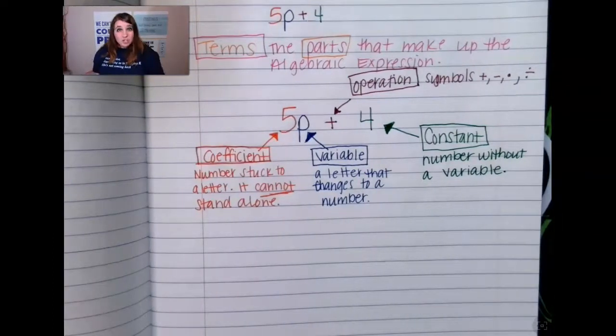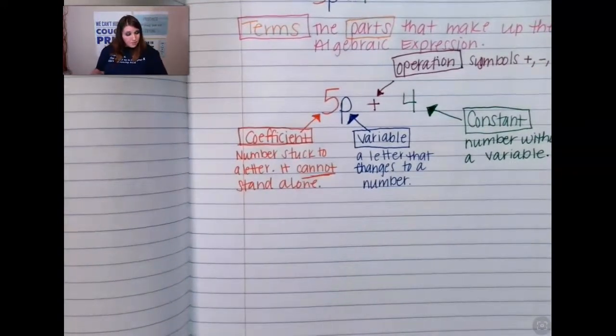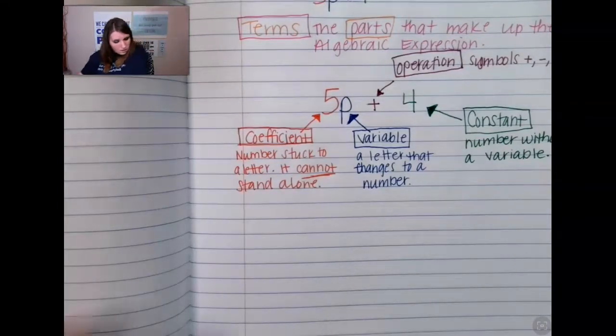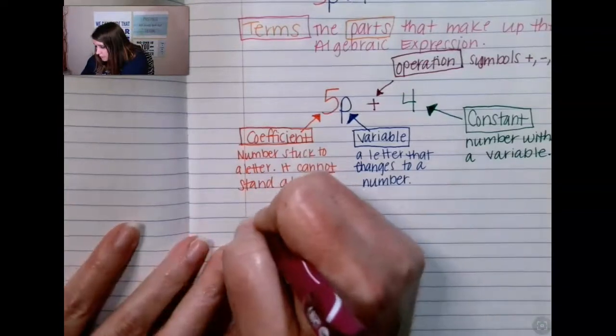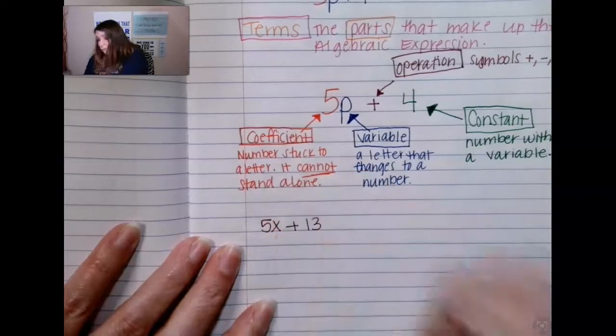Okay, so what do we do with all of this information? Well, really great question. We're going to use all of this information now to sort the parts of an algebraic expression. You will have a problem and it'll look something like 5x plus 13.